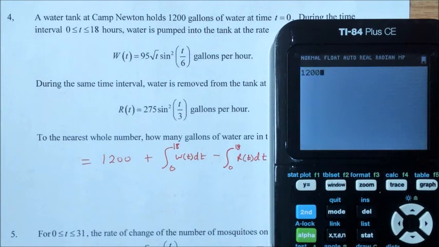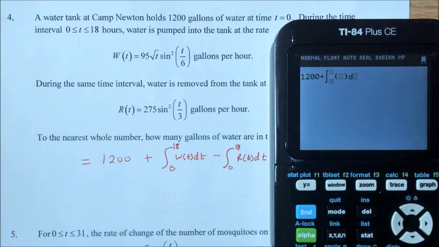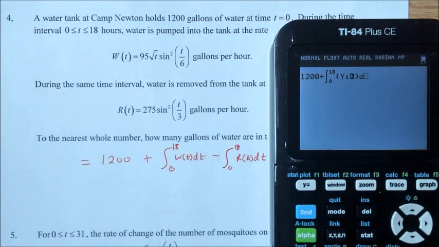We have 1,200, and we are going to add in the integral, so that's math option 9, and we're going from 0 to 18, and I'm actually going to do what I just mentioned. I'm going to put in y1 first, and then we're going to subtract y2.